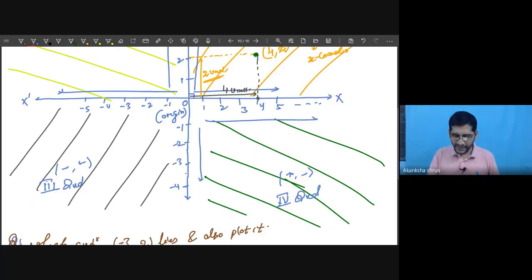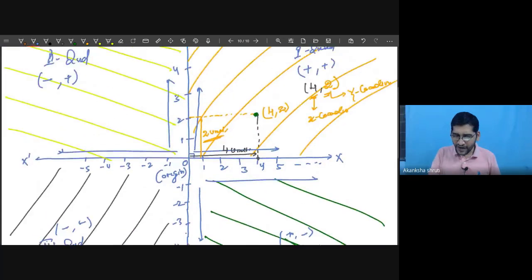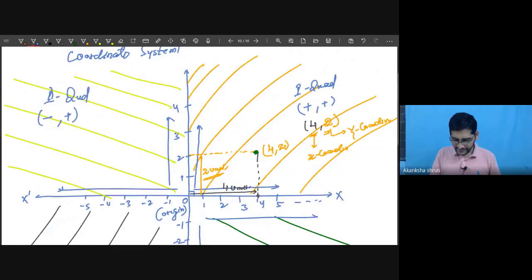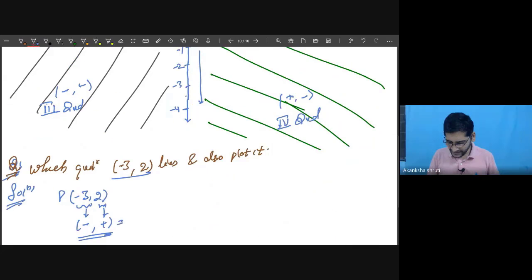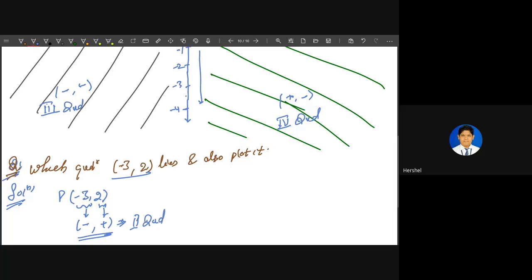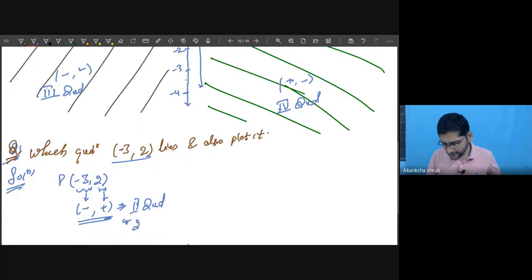Here we are observing the second quadrant. We are moving to the left of the origin, but upward on the y-axis from the origin, so it is negative and positive. Good. So this way the point lies in the second quadrant. Whether you write it this way or that way, second quadrant, that doesn't matter.